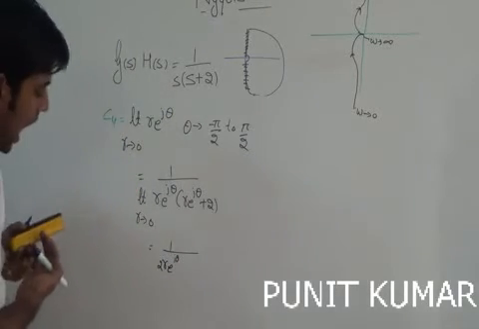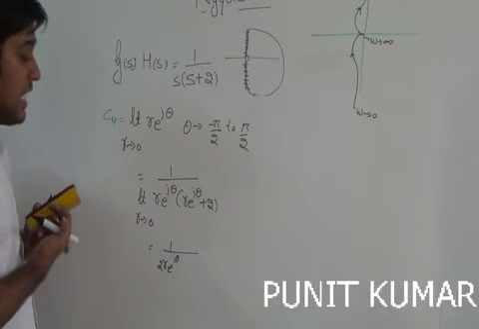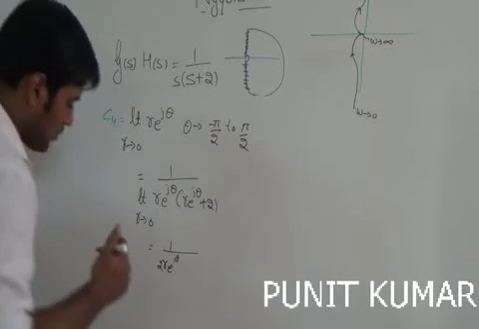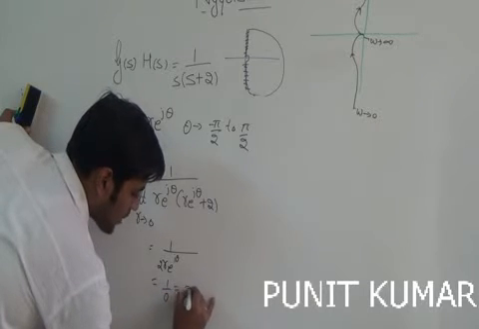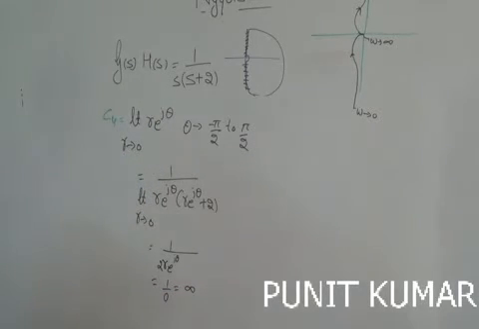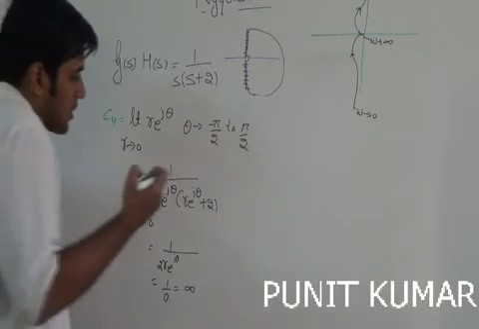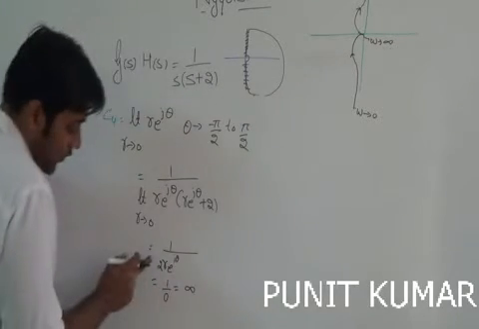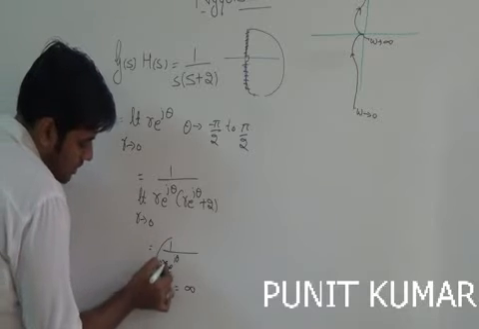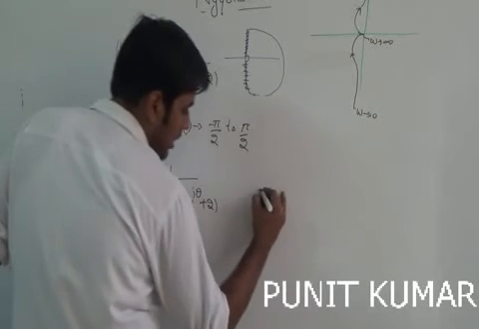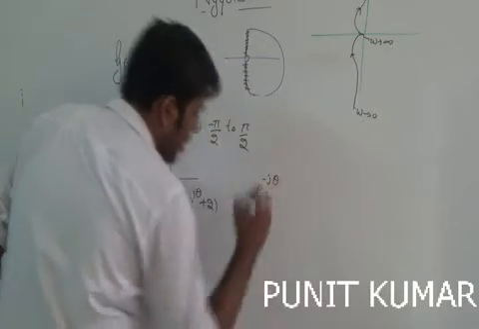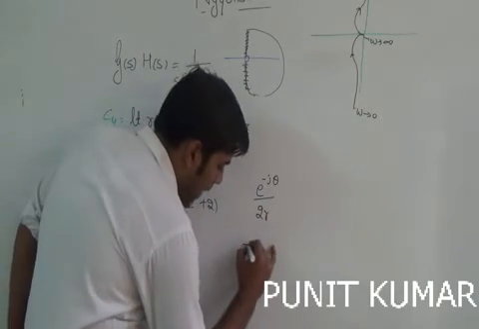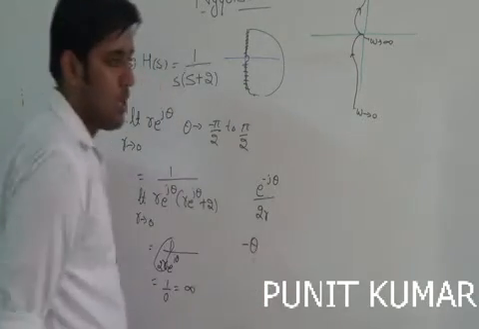Now r is 0, so 1 by 0, its magnitude comes out to be infinity. Now it is the turn of phase. What will be its phase? This is constant. Phase will come from e to the power minus j theta divided by 2r, so its phase will be minus theta.